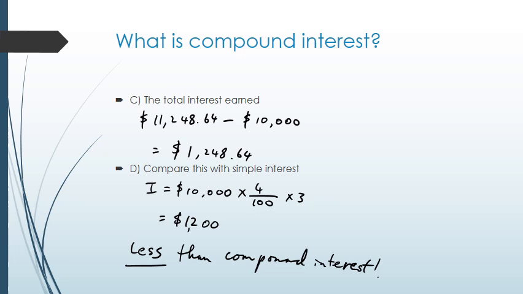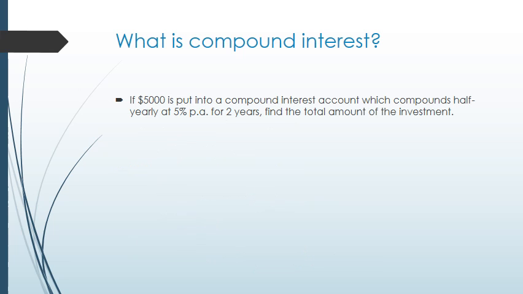Now, what is the difference if you have different payment times? So if you have a look at this one's compounded half yearly. So we need to look at every 6 months in this case.